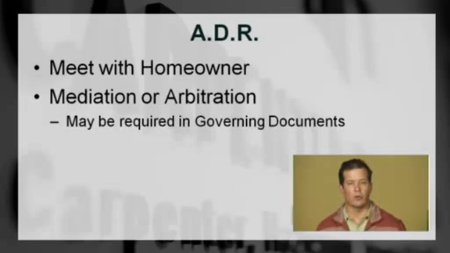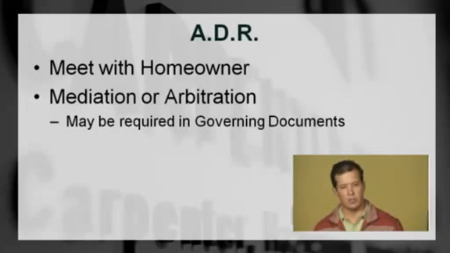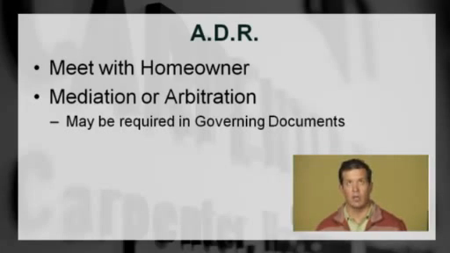Next, you can always try to go through mediation, have a third party come in. A lot of your local industry chapters such as CAI or AACM offer a mediation process. Some of your local municipalities also offer that. Or your documents may require you to go through arbitration, so it is also something you can check.